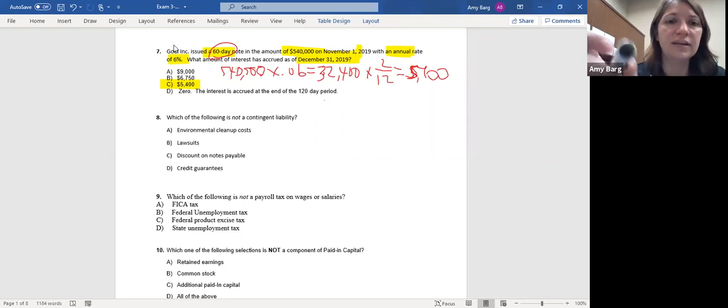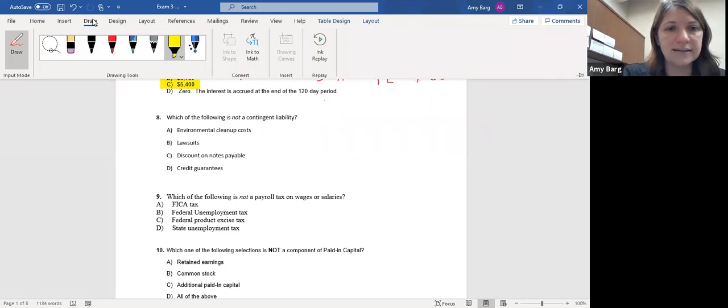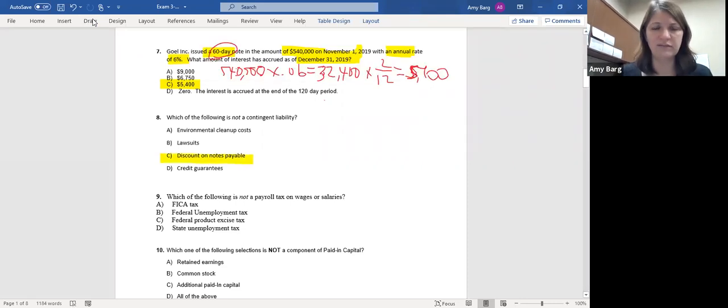So the only thing here that's not a contingent liability is a discount on a notes payable. Even if you don't know what that is, a discount on a notes payable sounds like a pretty certain thing. It's not going to depend on other things. So those other things are contingent liabilities. They're going to depend on somebody else doing something, whether or not that thing actually happens.